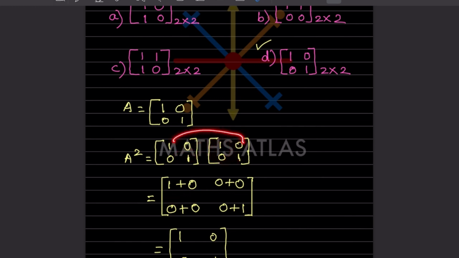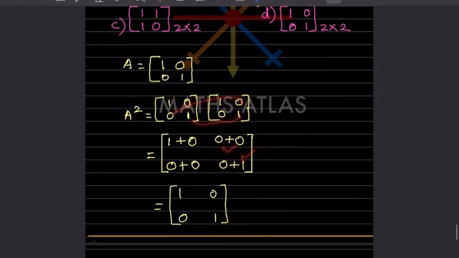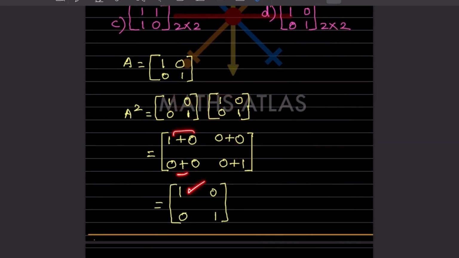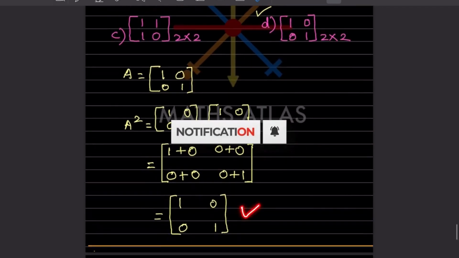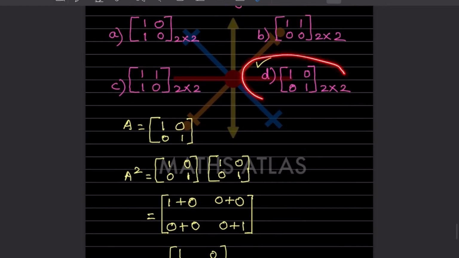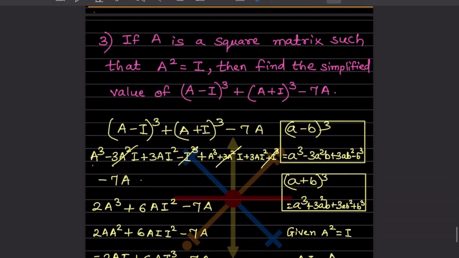That is going to be 1 times 0 is 0, 0 times 1 is 0, 0, and this will be 1. So what will be here? 1, 0, 0, and this will be 1. So they have asked for A square and we got this as the answer, and so D is the option.